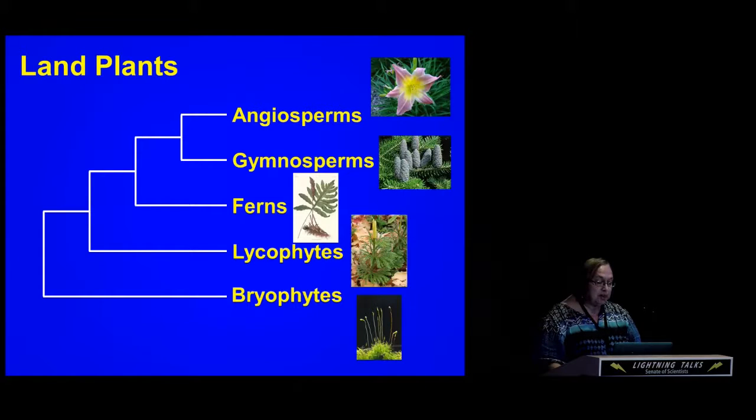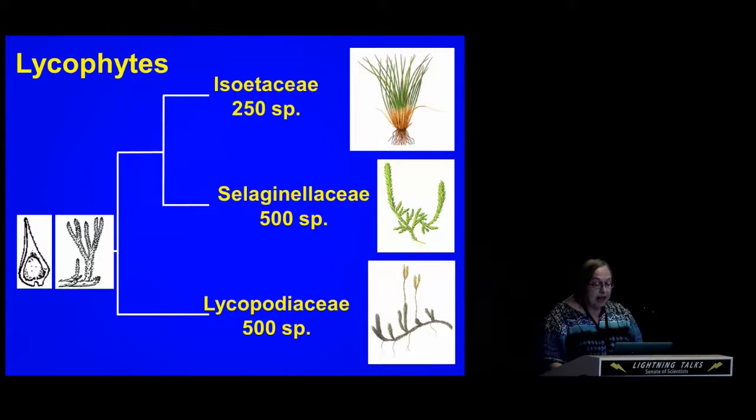So the question we're looking at is a question of sequencing for identification in the early land plant, the first vascular plant lineage, the Lycophytes. And of the Lycophytes, there are three extant families: the Isoetaceae, the Selaginellaceae, and the Lycopodiaceae.